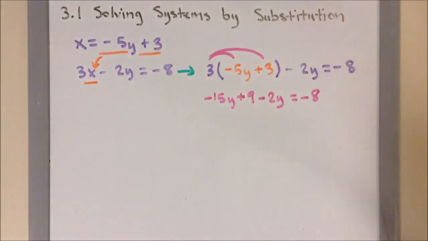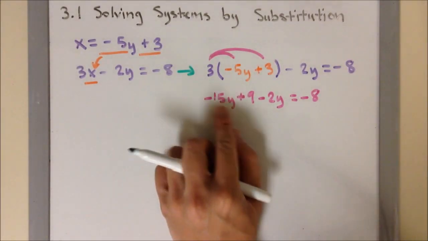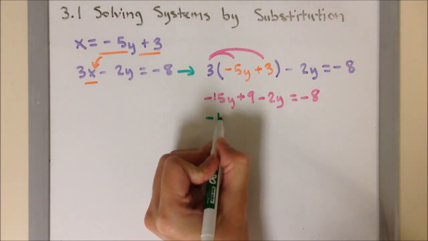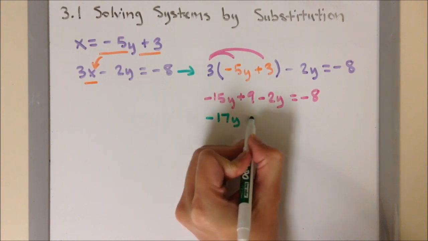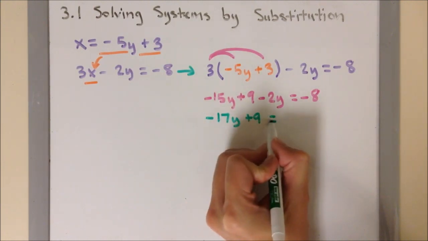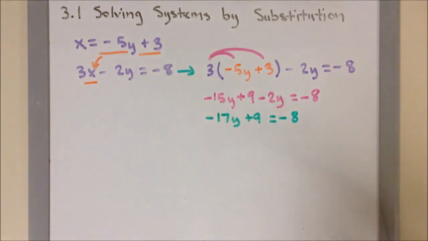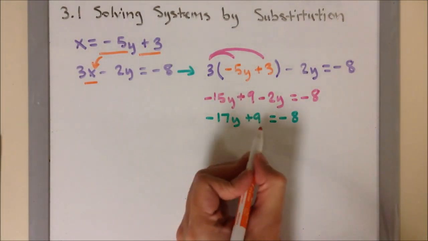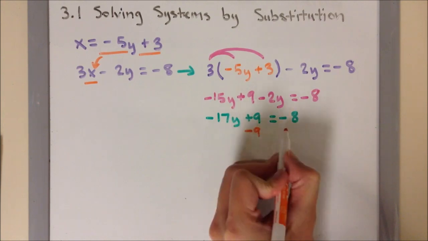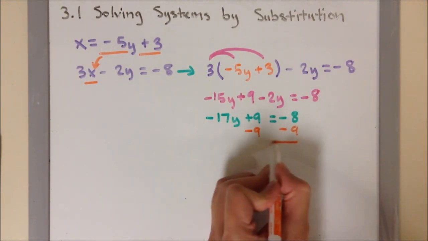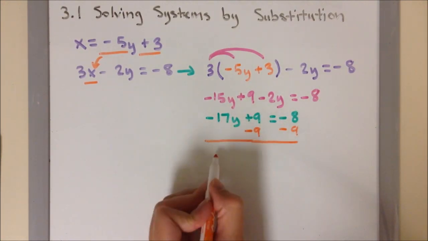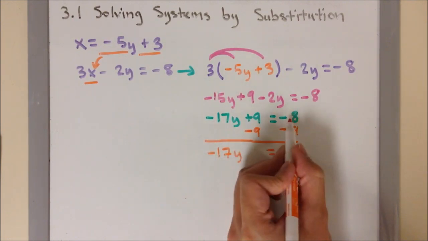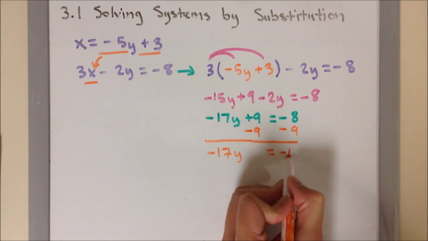I want to combine my terms with y's. So negative 15y minus 2y becomes negative 17y plus 9 equals negative 8. To get y by itself, I'm going to subtract 9. So negative 17y equals negative 8 minus 9, that's negative 17.